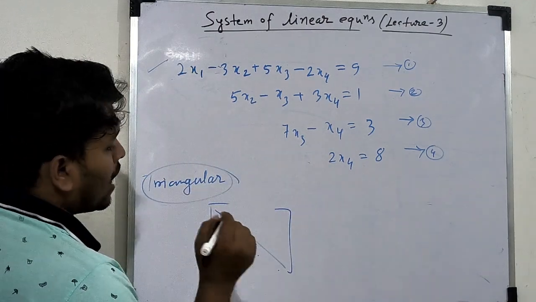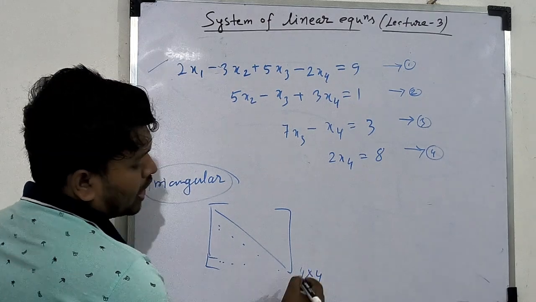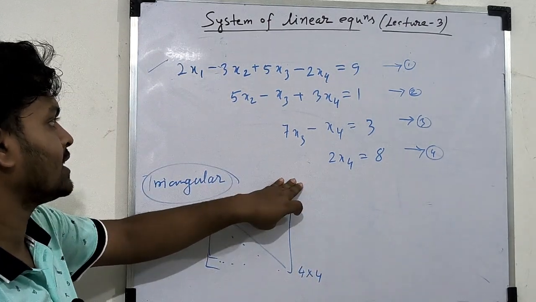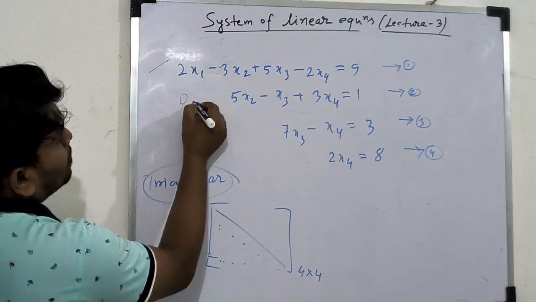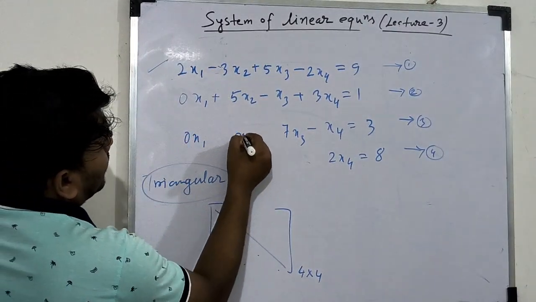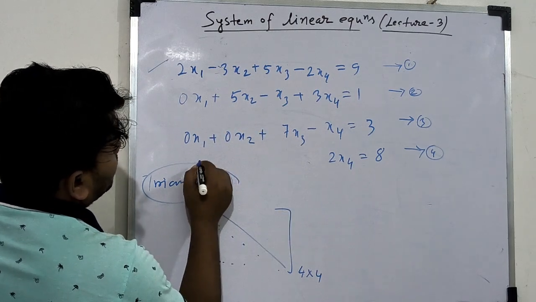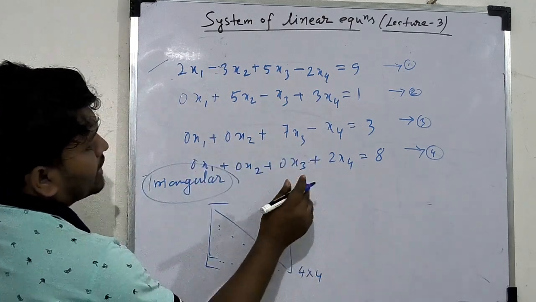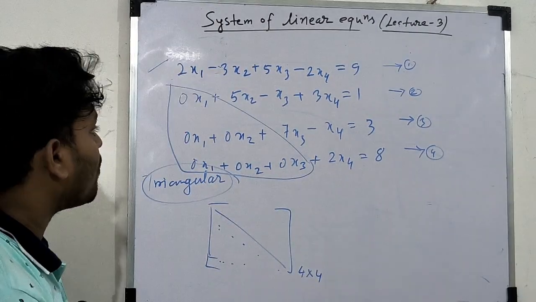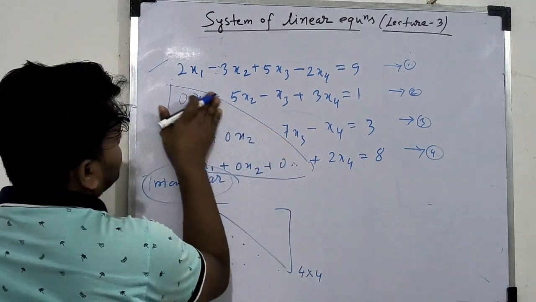So whenever you are given a system of 4 equations in 4 unknowns and you find the triangular form of the system, that is, you make the coefficient of x1 zero in the second equation, the coefficients of x1 and x2 zero in the third equation, and the coefficients of x1, x2, x3 zero in the fourth equation, then you will get the triangular form, and therefore you can easily find the solution of the system.